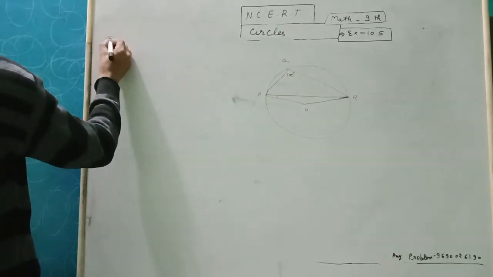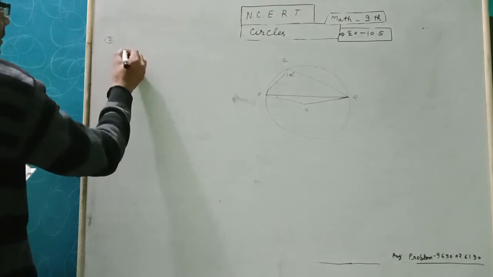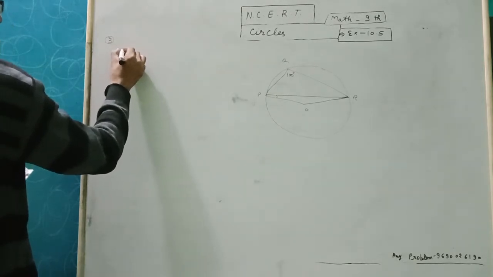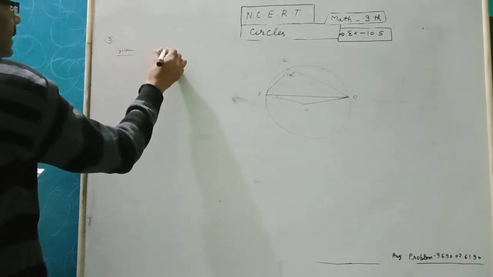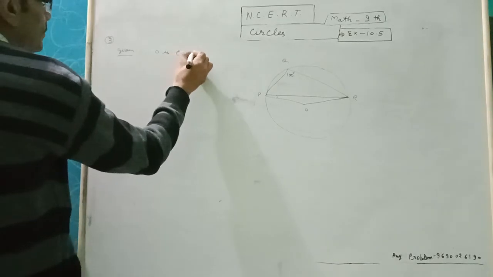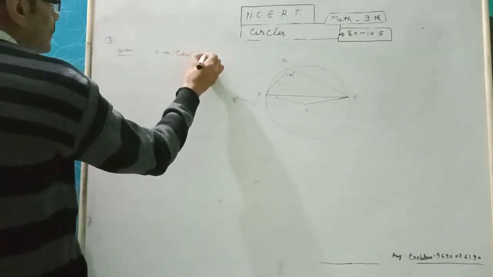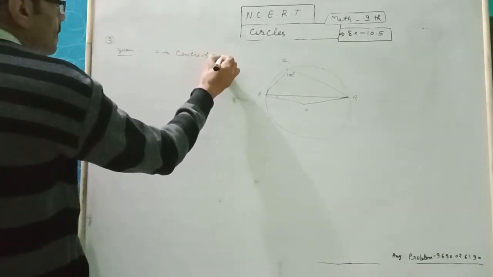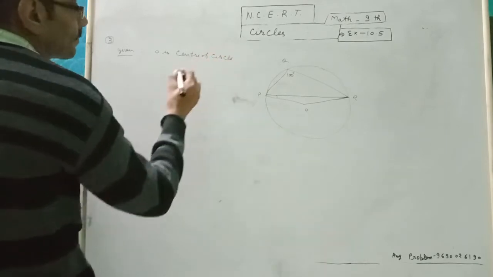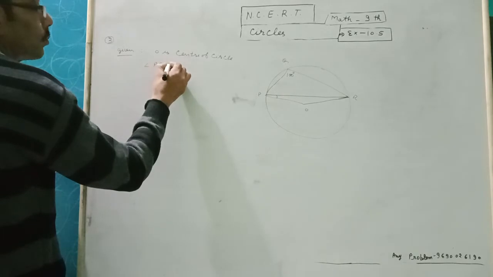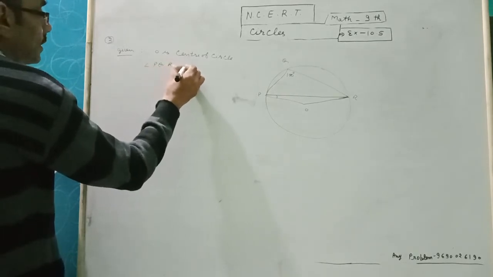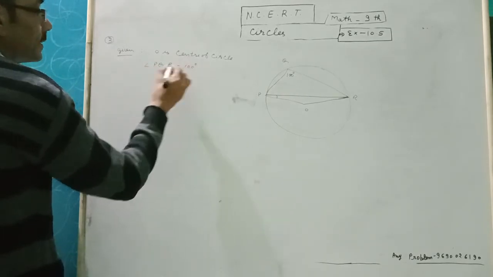Question number 3. Given is O is the center of the circle, angle PQR is equal to 110 degrees.